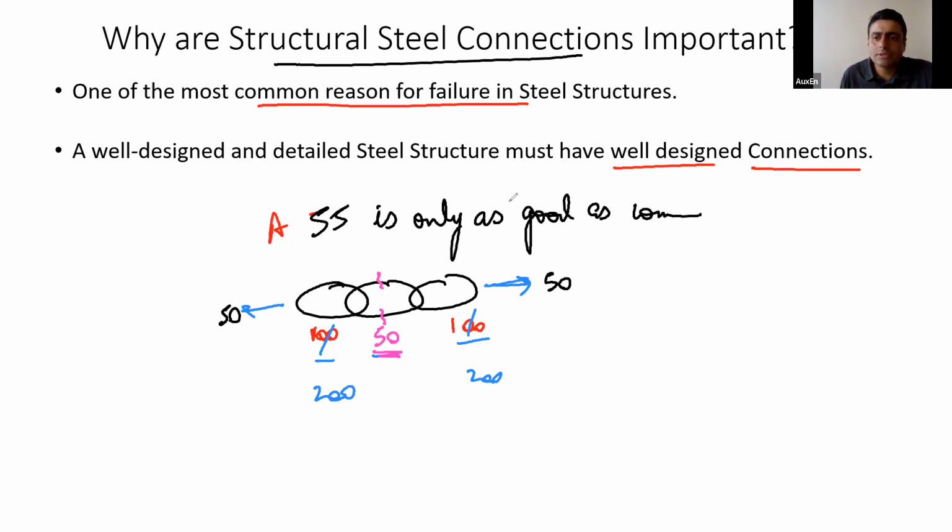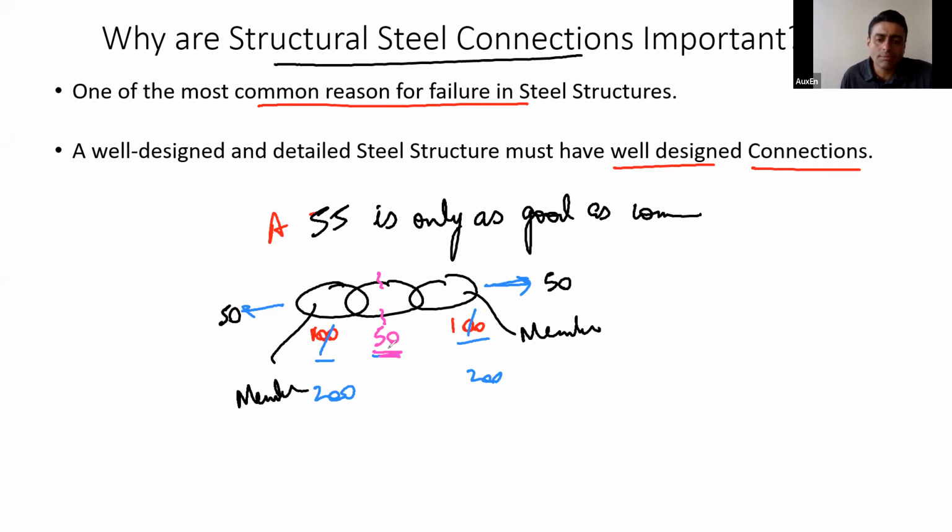So what I want to tell you is that assume this is your member and this is your member. Let's say your member was quite well designed. You had followed all the steps, all the analysis processes, all the codal provisions, and you had provided a well-designed member.